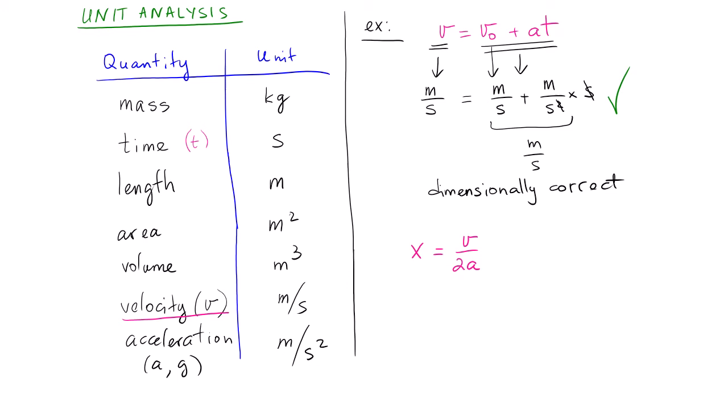Now, let's see. On the left side, x is the notation for length, so it's measured in meters, equals, and I have this fraction line here. For the velocity, I'm going to put meters per second over 2 times acceleration, which is meters per second squared.